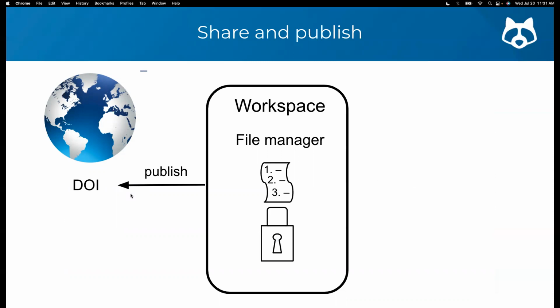Publishing a protocol will assign to it a DOI and will allow anyone with an internet connection to search for it and to access it. It will also create a log that will not allow further changes to the protocol.